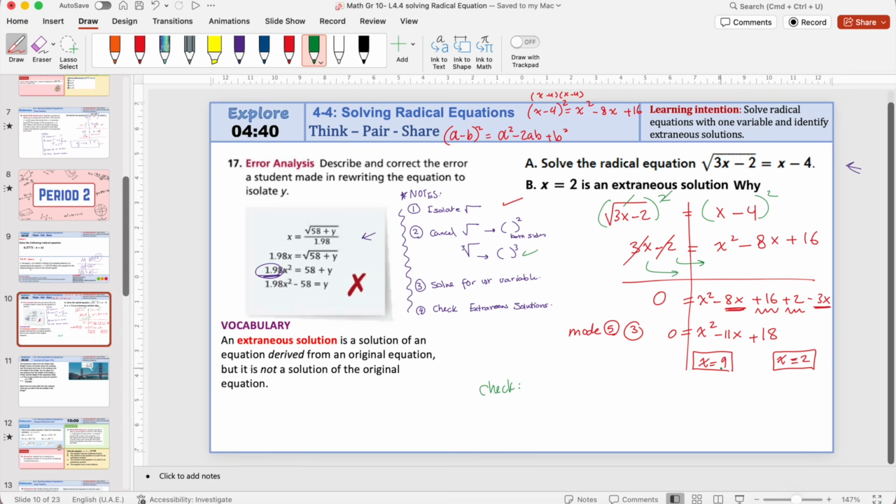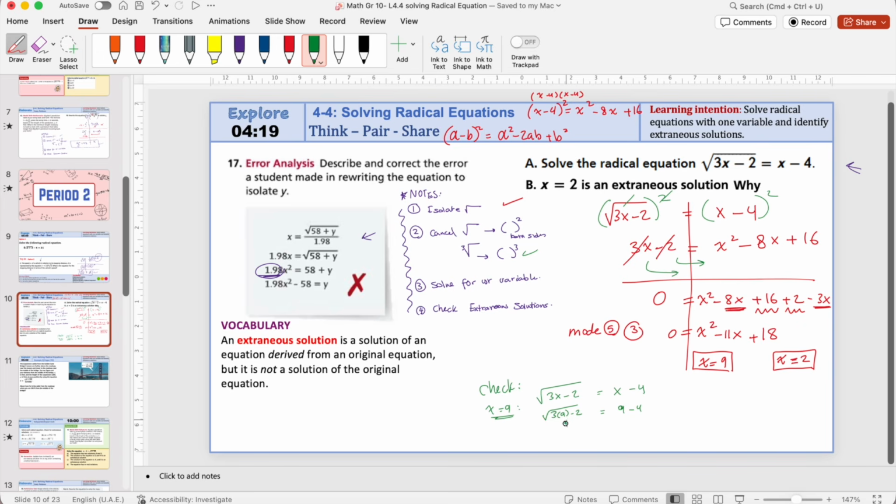So how do we check extraneous solutions? Let's check x equals 9. Take your original equation, which is root of 3x minus 2 equals x minus 4, and substitute x with 9. So you're going to have root of 3 times 9 minus 2. Is it the same as 9 minus 4?